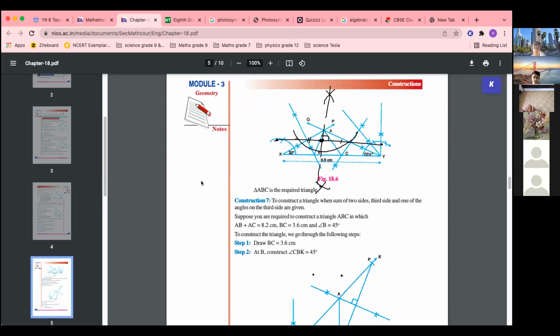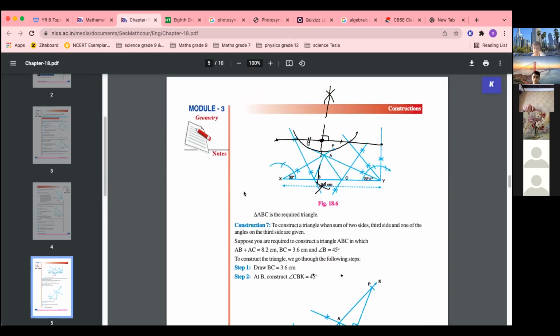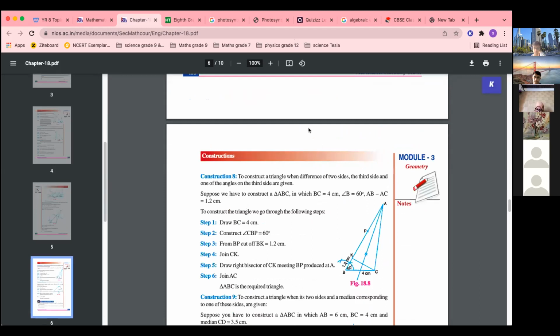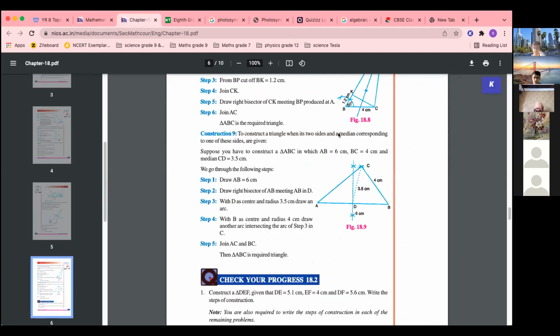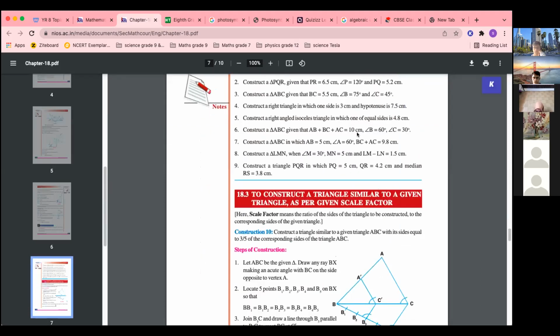Let us do the exercise question. Construct a triangle where AB plus BC plus AC equals 10, angle B equals 60 and angle C equals 30. So I'm doing it on the whiteboard.